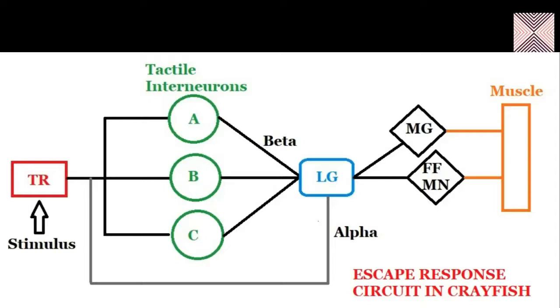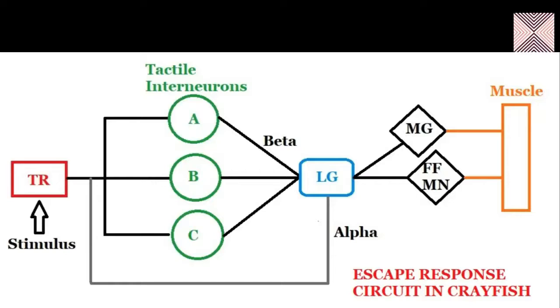So the crayfish will flee out of that particular place to escape from the predator, either through the LG mode, or it can go through the MG mode, which is the median giant fiber system.